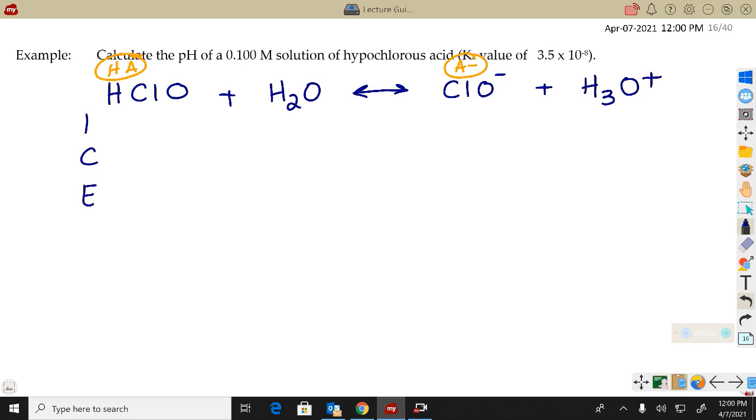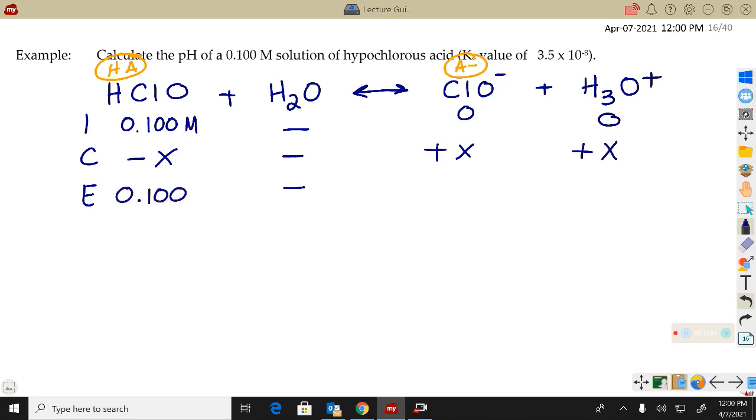We have the initial concentration, 0.1. I have water, but I'm not going to use it. So it's in the equation, but I'm just going to scratch it. Initially, the two ions are 0. It's got to shift forward, but I don't know how much, so we'll call it X. At equilibrium, this is 0.1 minus X, X, and X. All of these ice tables are really, really similar.